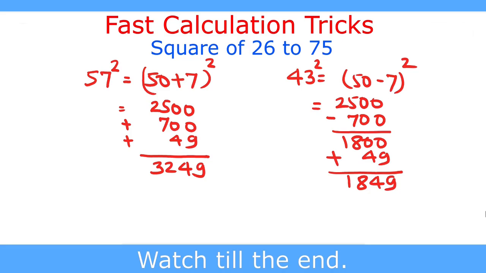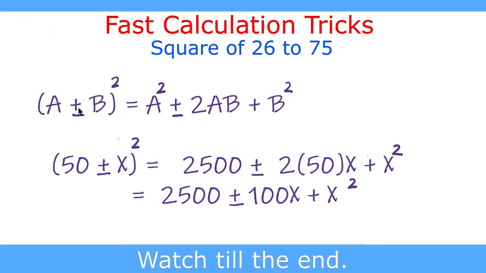The basic is the identity which we use for finding the square, and that identity is a plus or minus b whole square equal to a square plus or minus 2ab plus b square. In place of a, we are going to write 50 and in place of b, we are going to write x.